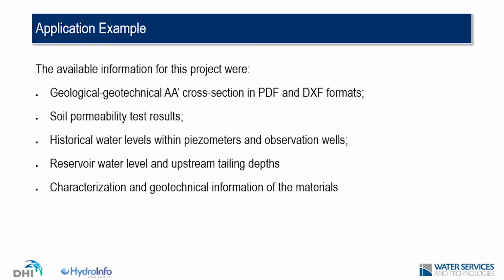We got soil permeability test results for each type of soil that we find. We got historical water levels within the piezometers and observation wells, and the reservoir water level and the upstream tailing depths. And then characterization and geotechnical information of all the materials.